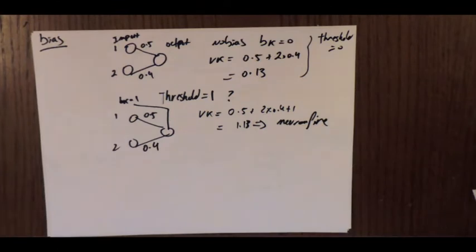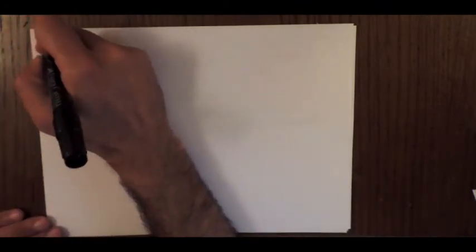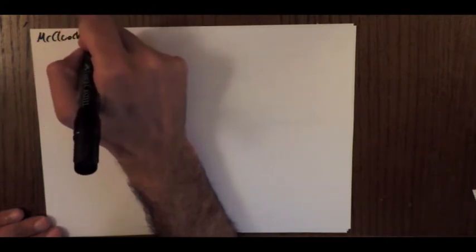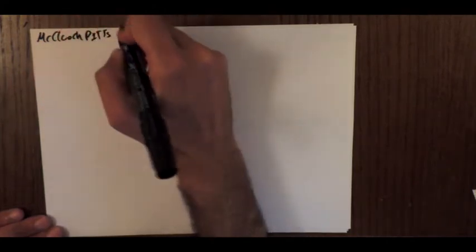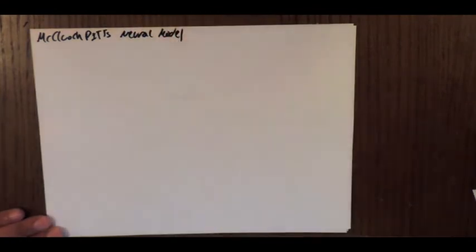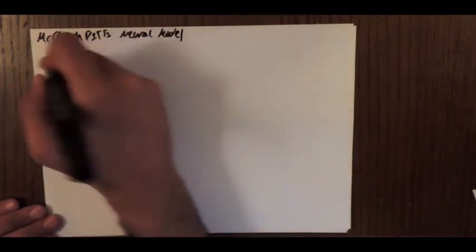Now the second part that I want to discuss is actually the activation function. So why do we use an activation function? First I'm going to talk about a specific neural model. It's called the McCulloch-Pitts neural model. Of course, in this neural model, what I have is an activation function that looks like this, a threshold function.